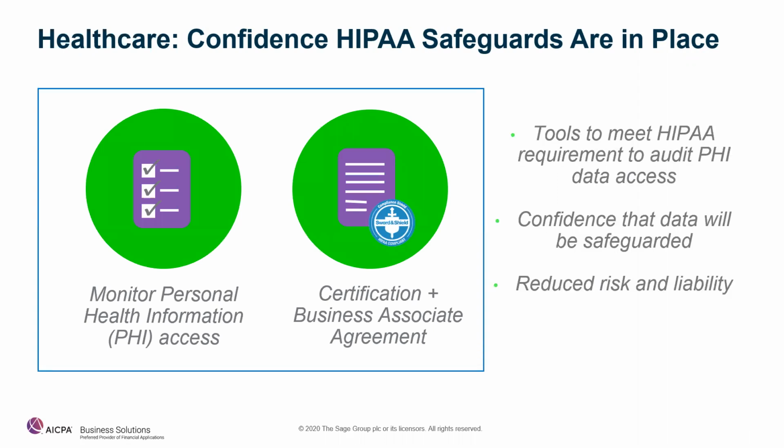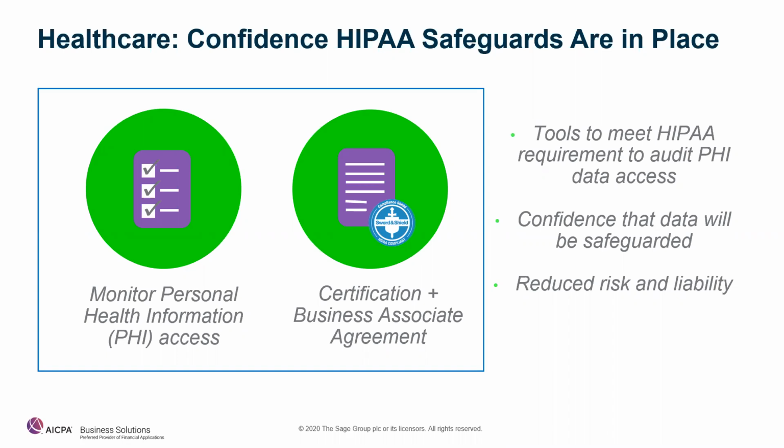So when we look at what's available in Sage Intacct, and this is a choice, a configuration and subscription option, our advanced audit trail is going to meet the requirements to be able to tell if any of that health information has been accessed in any manner.